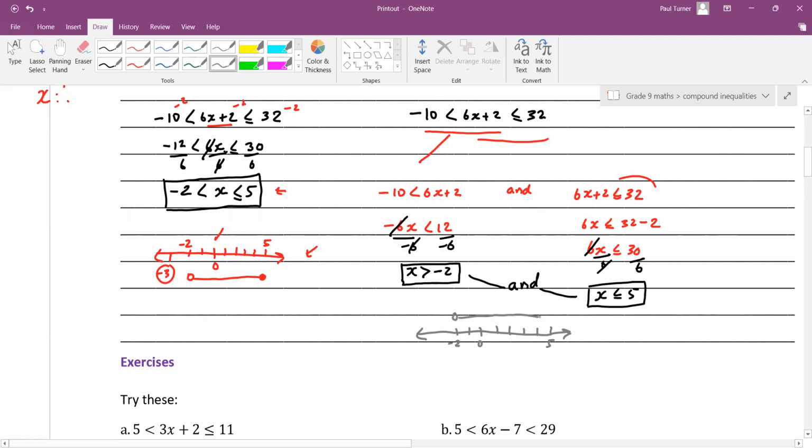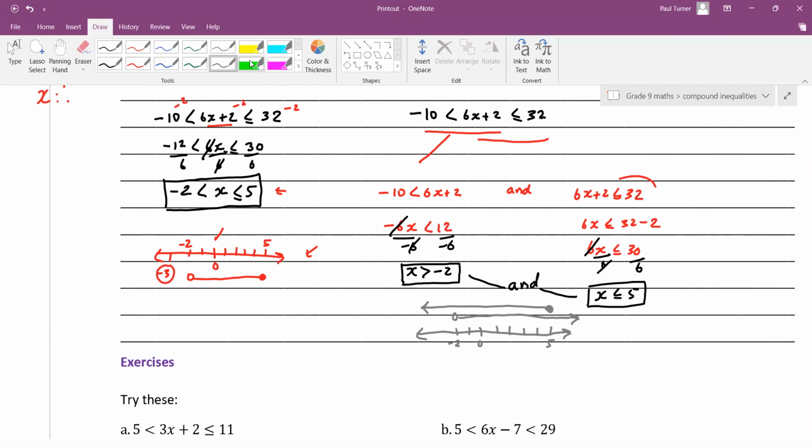So I'll put that in. I'll just keep going to infinity. Okay. And then this one says x is less than or equal to 5, which is here. And that's going to go that way. Okay. So we've got to be more than -2, but we have to be less than or equal to 5.